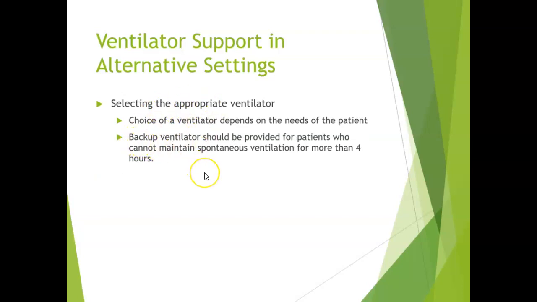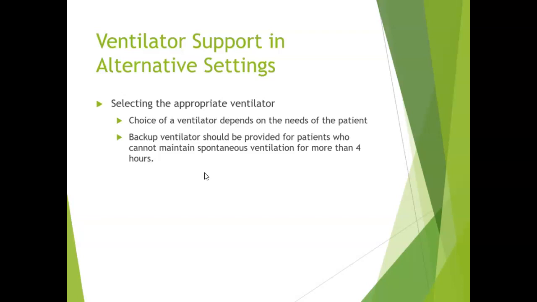Okay. So when it comes to selecting the appropriate ventilator, you have a box on the top of page 1290 that lists the equipment and supplies needed for vent-dependent patients.